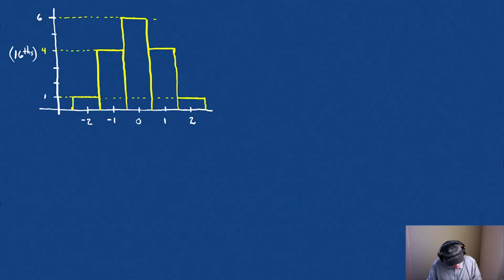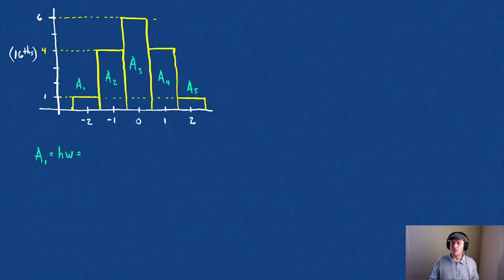I'm going to call each of these rectangles here area 1. This one has some area 2. There's an area 3. Here's an area 4, and finally our last one would be an area 5. Now, remember that the area of a rectangle, so let's try A1, is its height times its width.